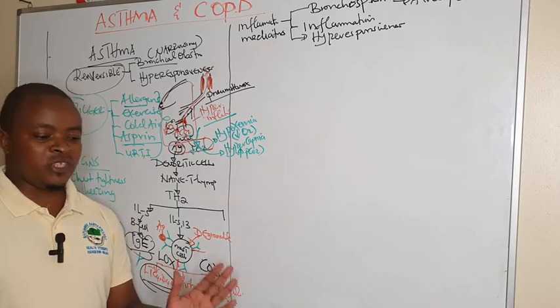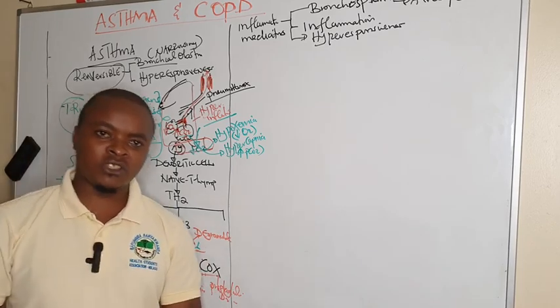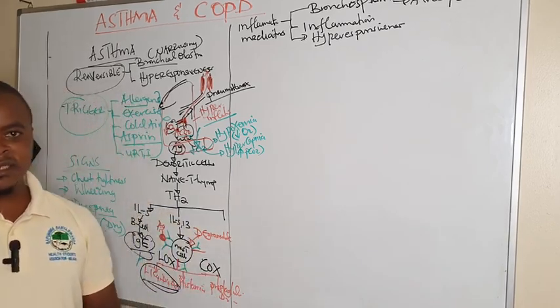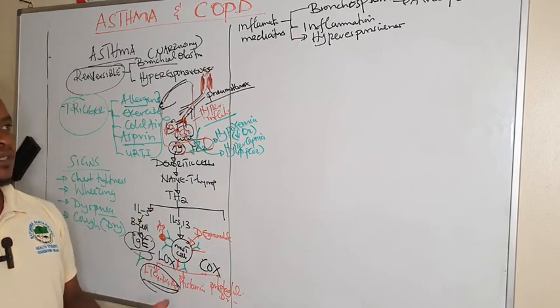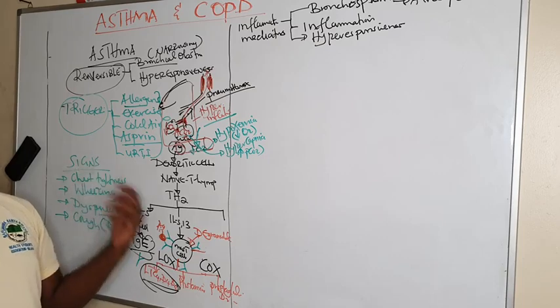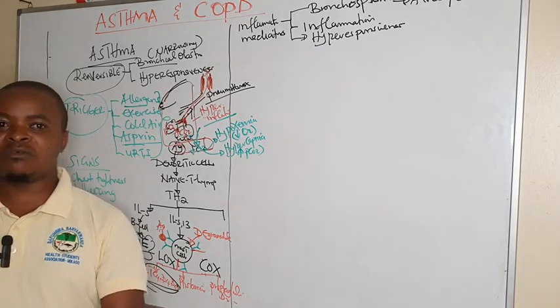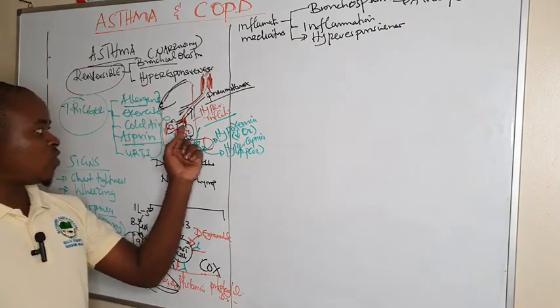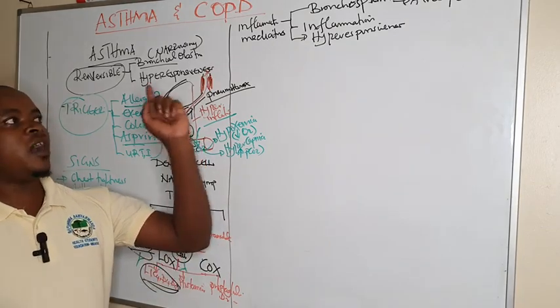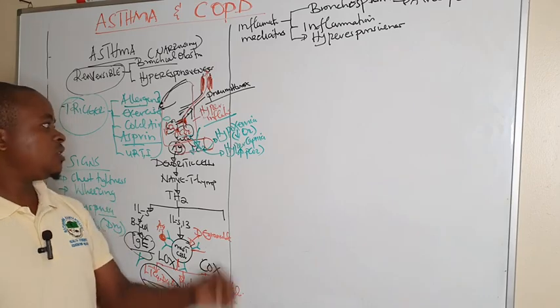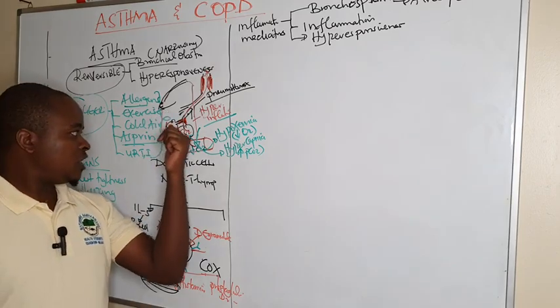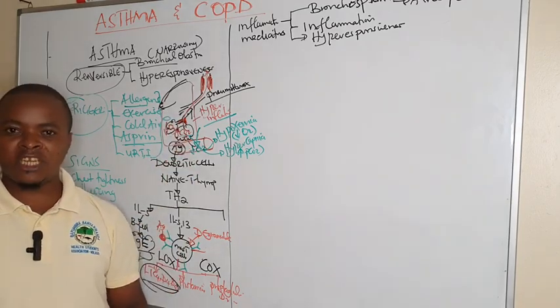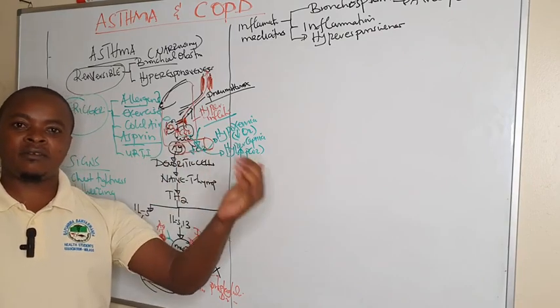And majorly, the onset occurs at night, but many times it can be at any time of the day. But the main result is obstruction of the airway and hyperresponsiveness, which results in increased partial pressures of carbon dioxide due to difficulty in exhalation.